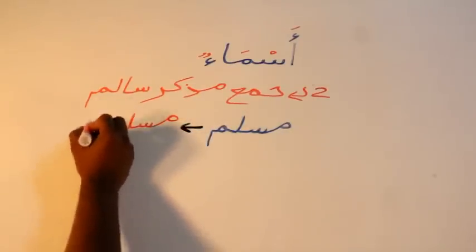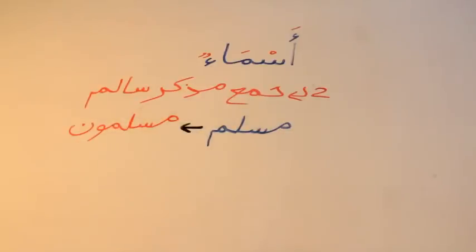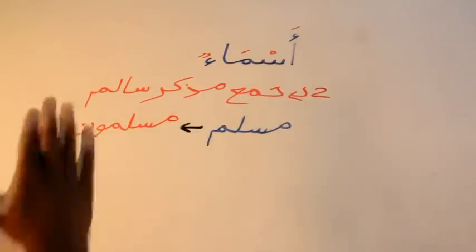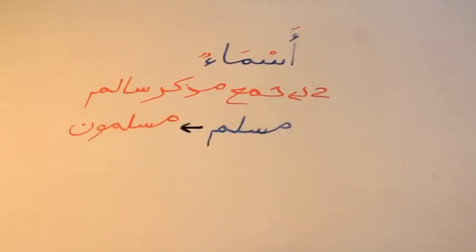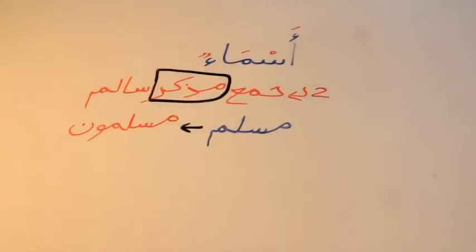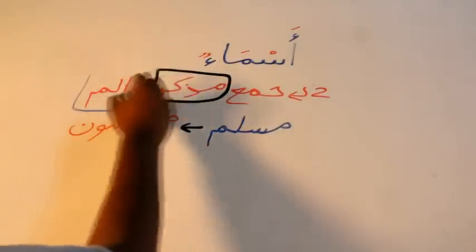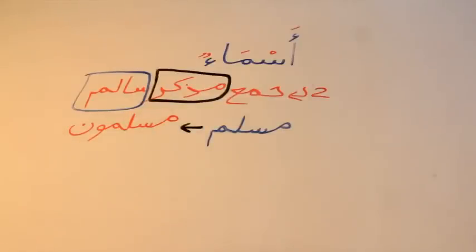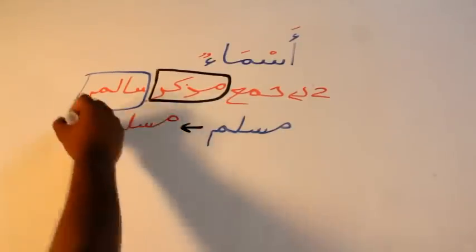Muslimun, as everyone knows. Muslimuna. So, first of all, we look at the part of Mudhakkar, and then we'll look at the part Salim. The Mudhakkar part of it is this right here.